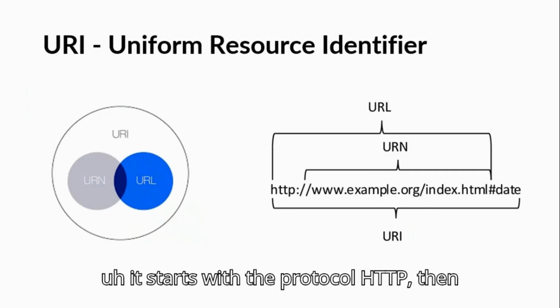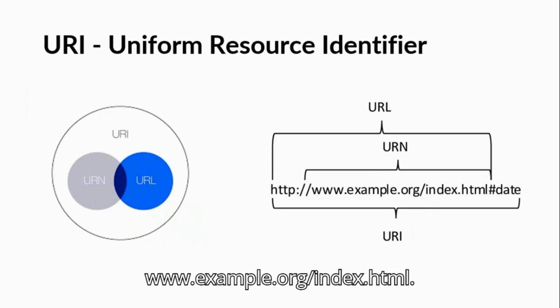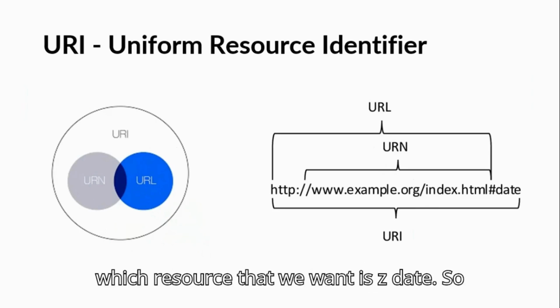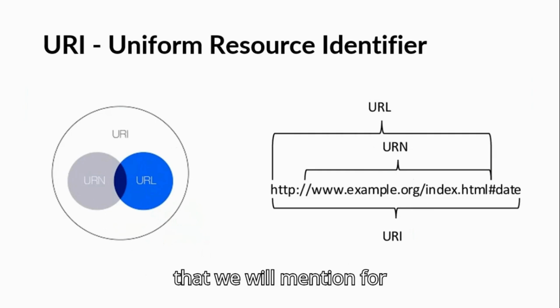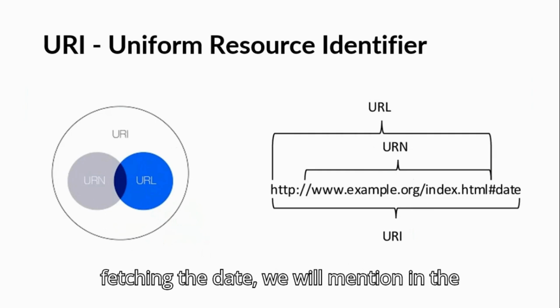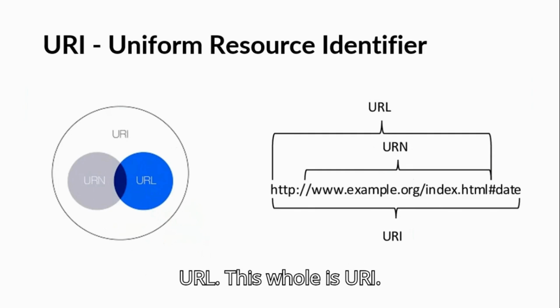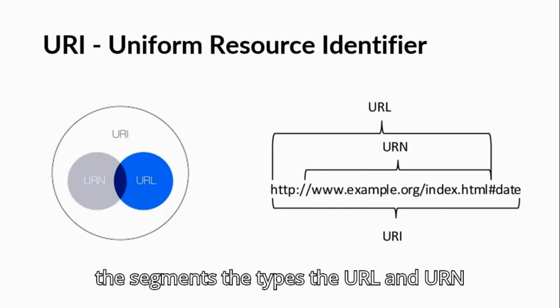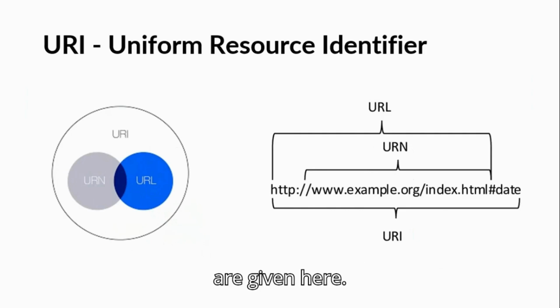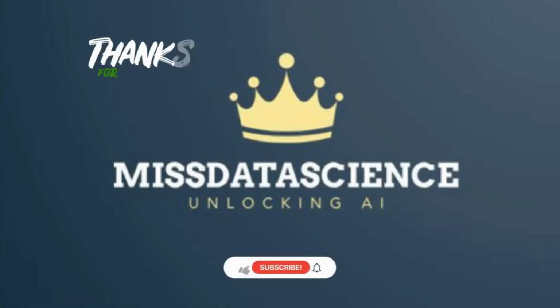It starts with the protocol HTTP, then www.example.org slash index.html. Inside this HTML page, the resource that we want is the date, so for fetching the date, we will mention it in the URL. This whole is the URI. And as mentioned, the types, URL and URN, are given here.